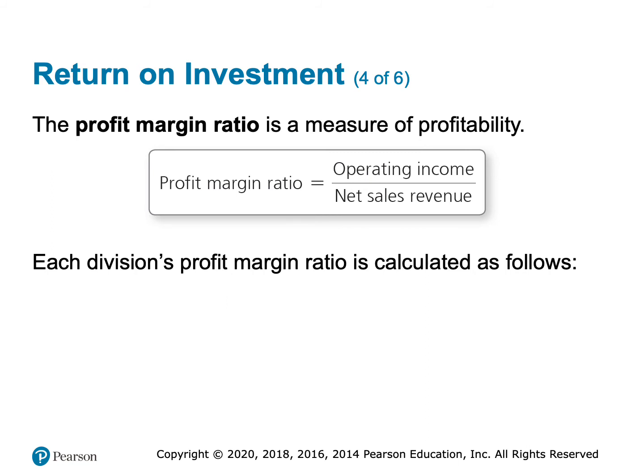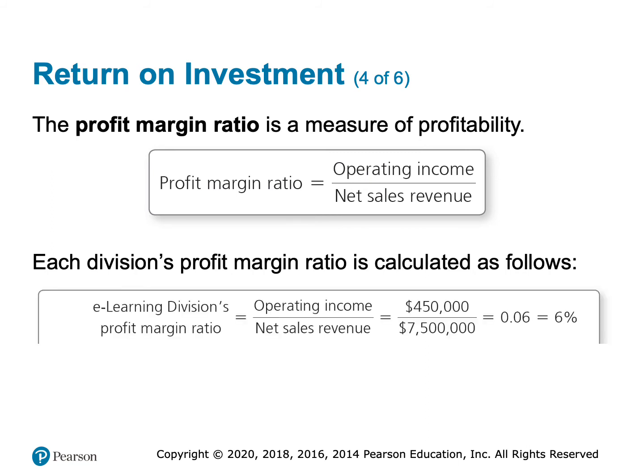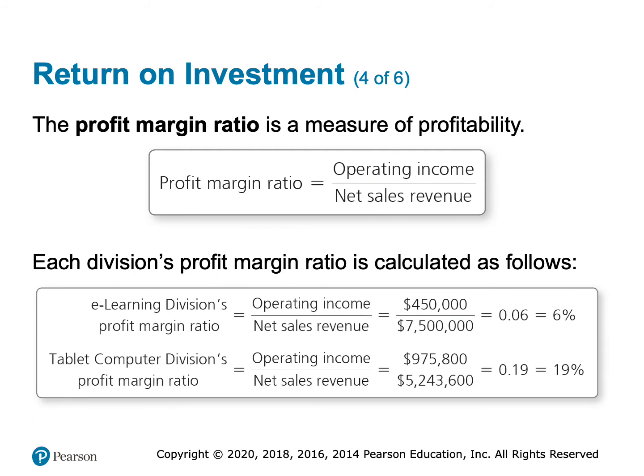So let's look. For the e-learning division, our profit margin is 6%. This tells us for every dollar of revenue we generate, we get 6 cents in profit. For the tablet computer division, it's 19%. So for every dollar of sales revenue, the tablet computer division gets 19 cents in profit.